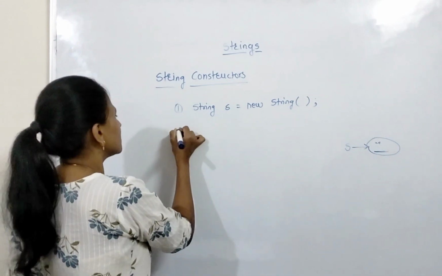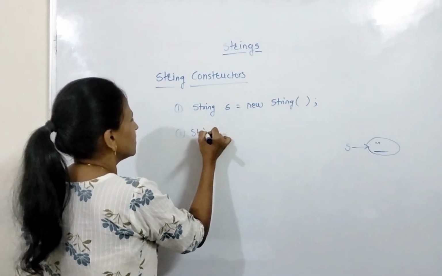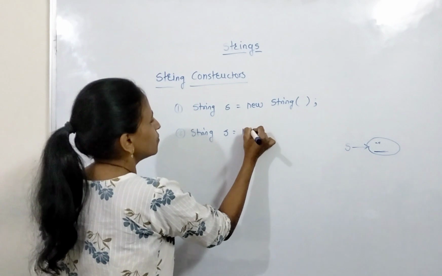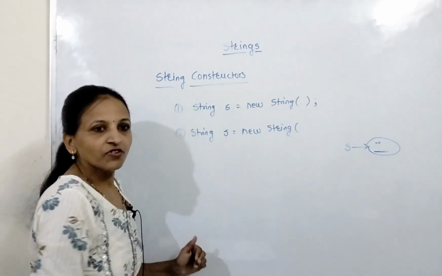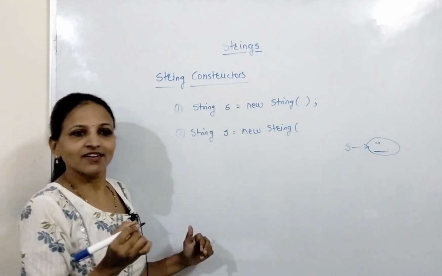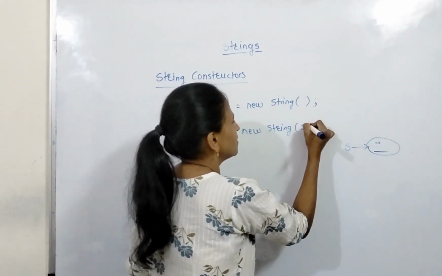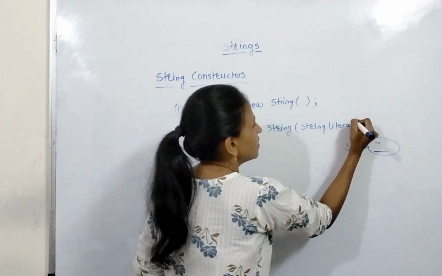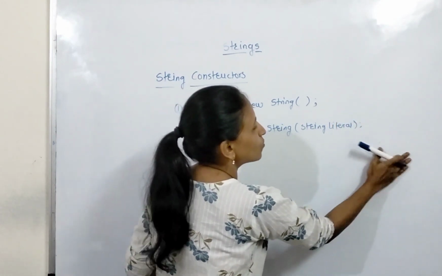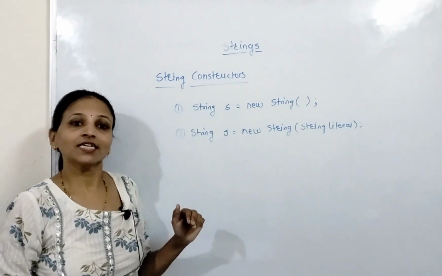Now next, String s equals to new String, and here we can pass any string literal. We have already used string literals. Whatever is enclosed in double quotes will be considered as a string literal.